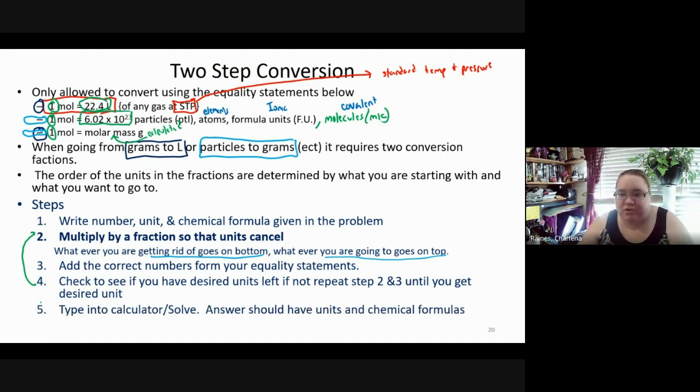Once we get the desired unit we want, we type it into the calculator and it will give us the mathematical answer to that calculation. We write the answer with the final units and the chemical formula. So the only difference from what we saw Friday and what we saw at the end of Unit 2 was that we are going to be repeating steps 2 and 3 more than one time.